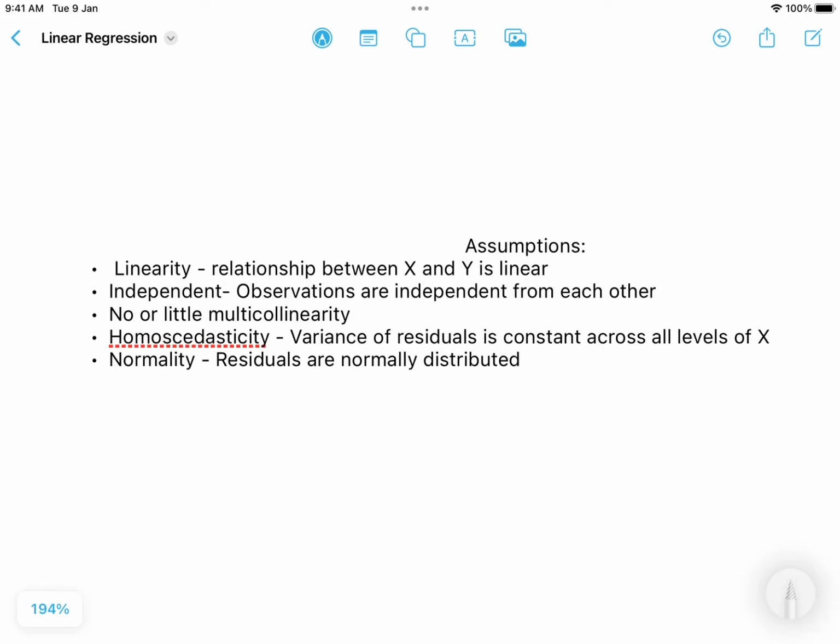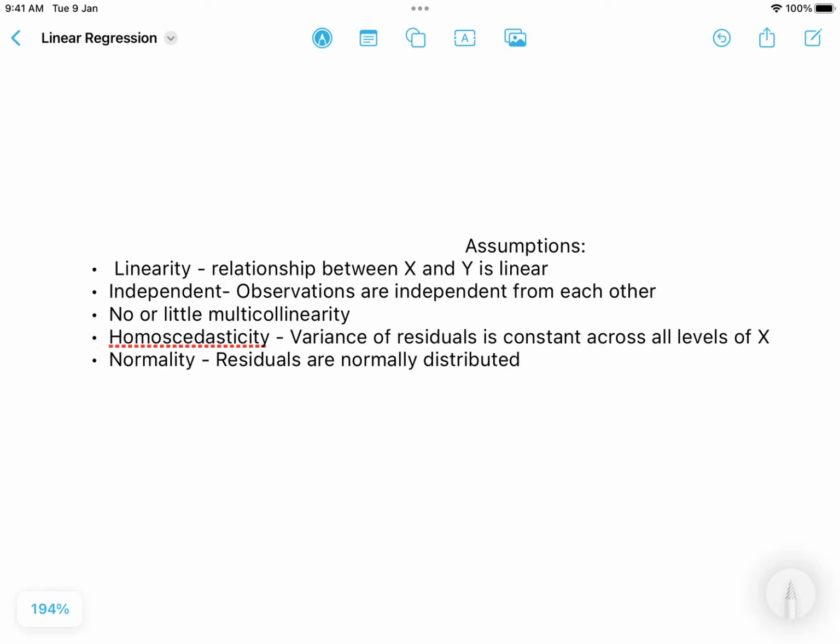When we are predicting a value, suppose the actual price of a t-shirt is 200 rupees, and my model has predicted the price of the t-shirt as 250.